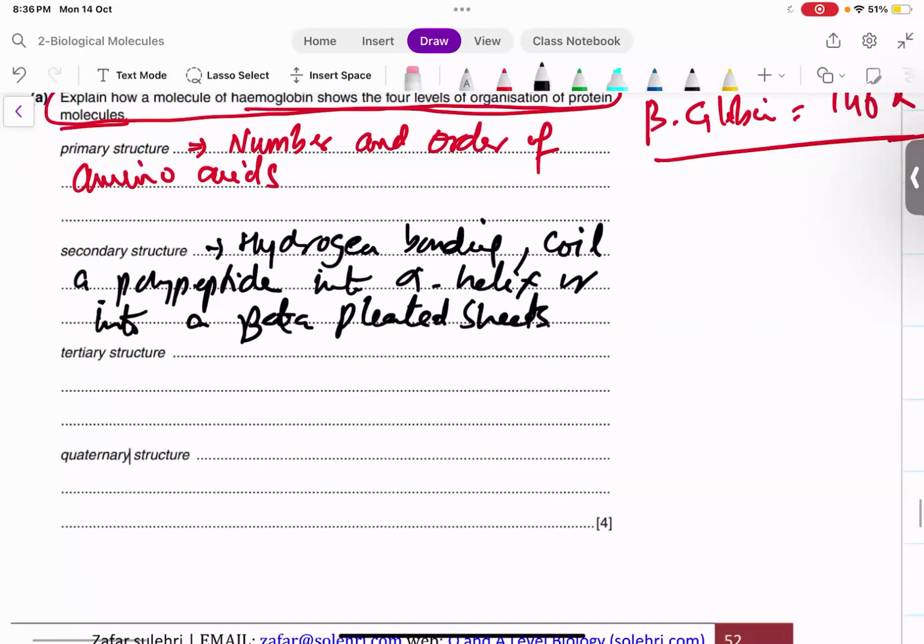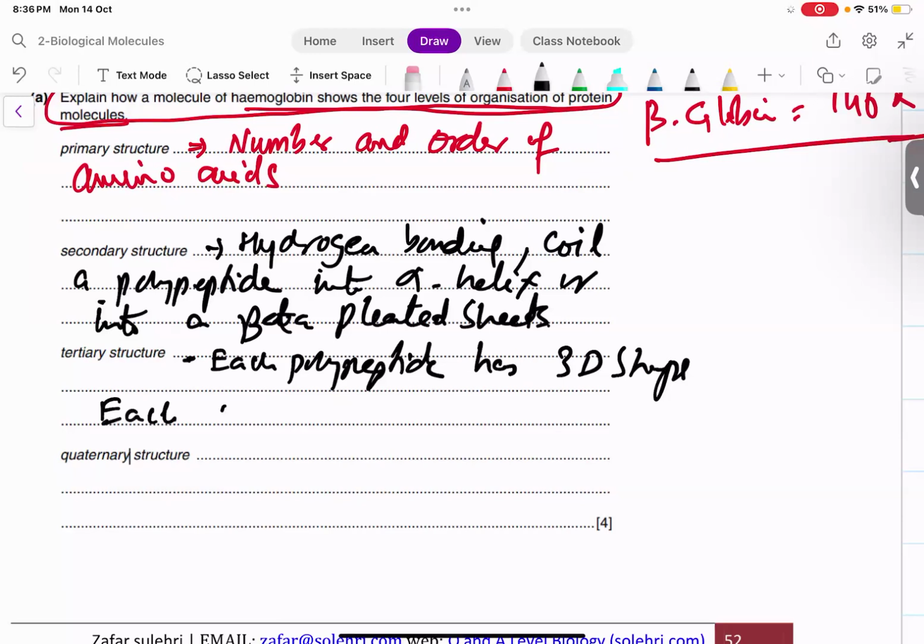Tertiary structure: each polypeptide has a 3D shape, and each polypeptide has a prosthetic group attached with it, so it indicates that this has a tertiary structure.